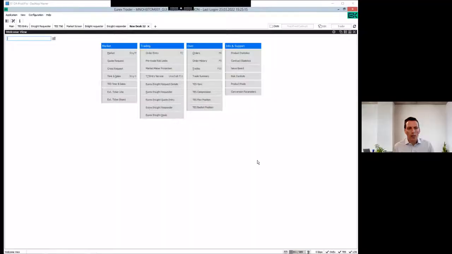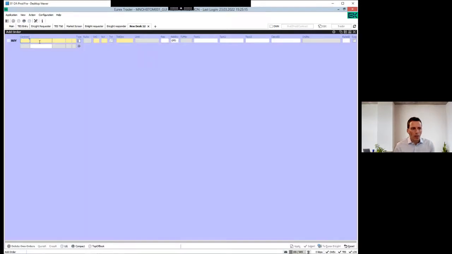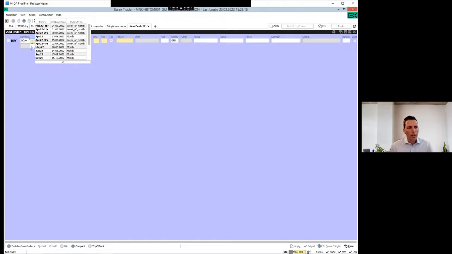All right, so I hope you see my screen now. So I'm now in the T7 GUI offered by Eurex. Once you go into the order entry, let's say you want to trade a DAX option, by clicking a right mouse click, you can now select the expiry.